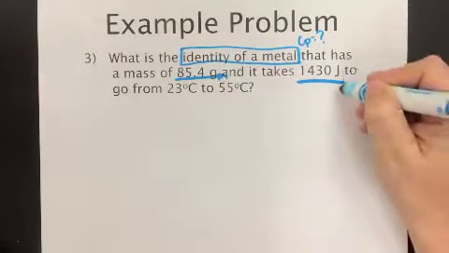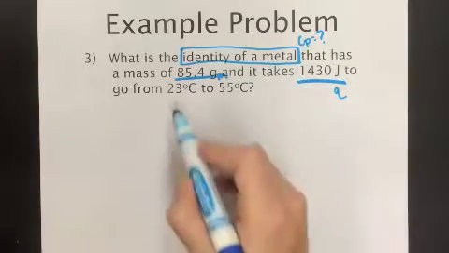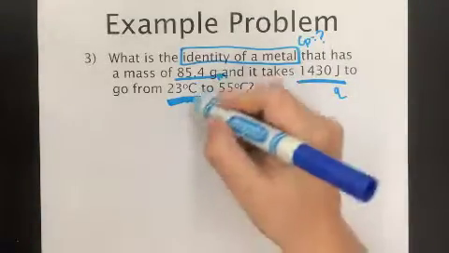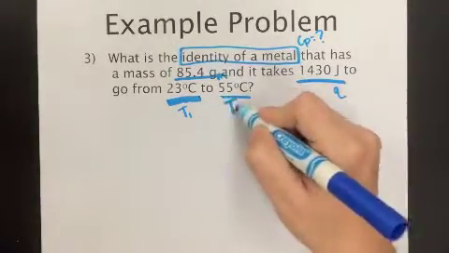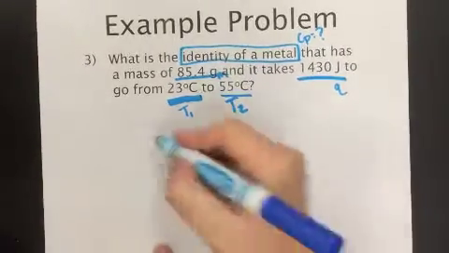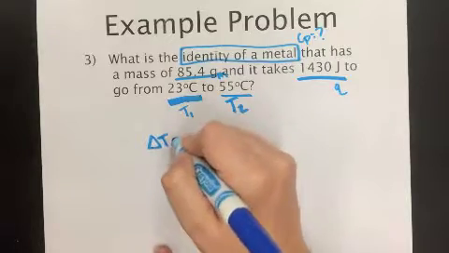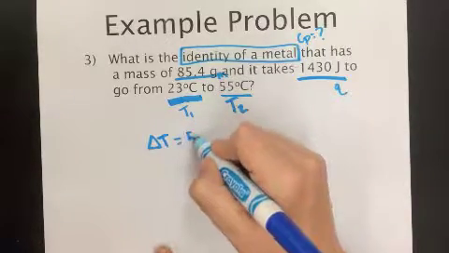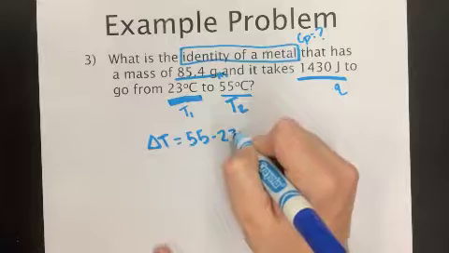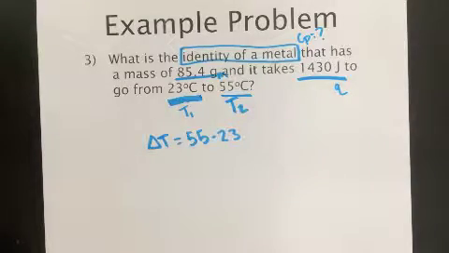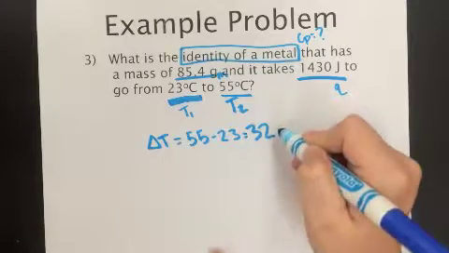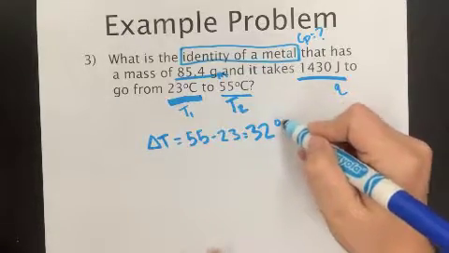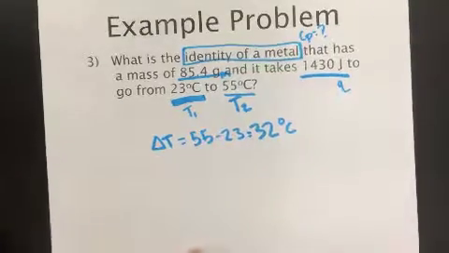1,430 joules. Joules means that's our Q. To go from 23 degrees Celsius, T1, to 55 degrees Celsius, T2. So again, one of the first things you're going to do is find the change in T. So we're going to do 55 minus 23, which gives you 32 degrees Celsius.